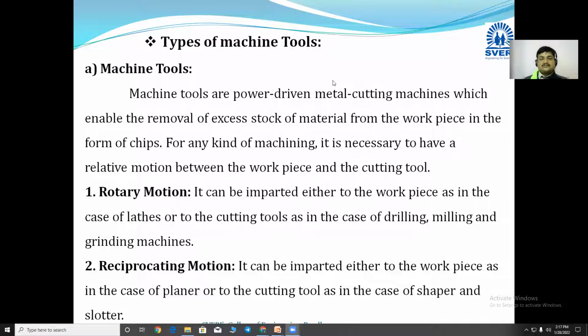Okay. So I request you, the introductory part where the definition of the machine tool and two types of the machine tool based on the motion of the workpiece and cutting tool, it is given and you need to write it in your notebook, because whole mechanical engineering and especially manufacturing sector is based on these rotary motion machine tools and reciprocating motion machine tools.